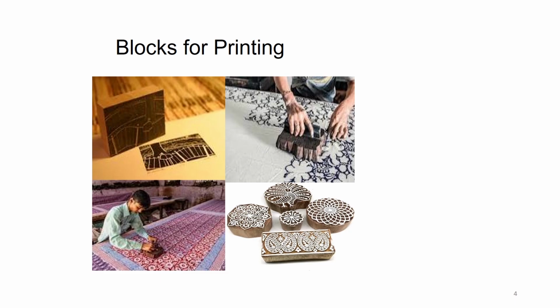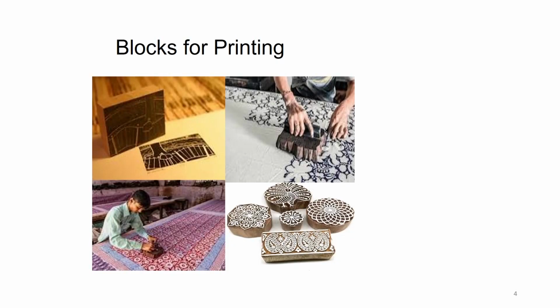And then it has a handle through which the printer holds the block and dips it into the dye solution, which is not as dilute as what we use in dyeing, but is rather a dye paste with mordant and other auxiliaries. And then, very slowly, carefully it is printed on the fabric, as it is shown in the left hand down corner, and right hand up corner.